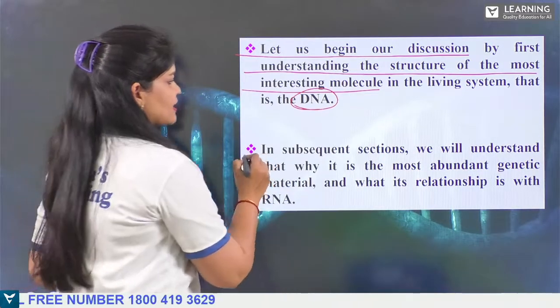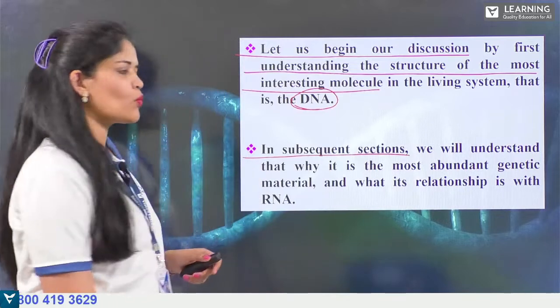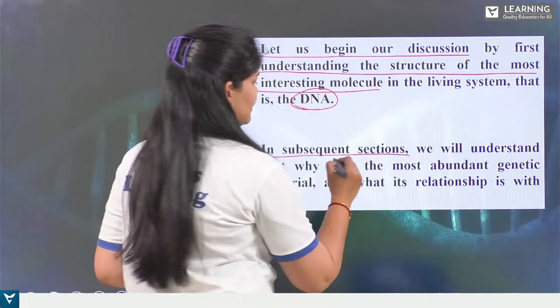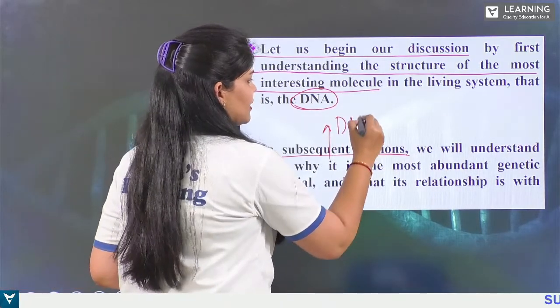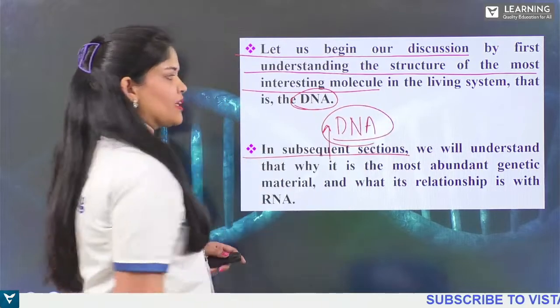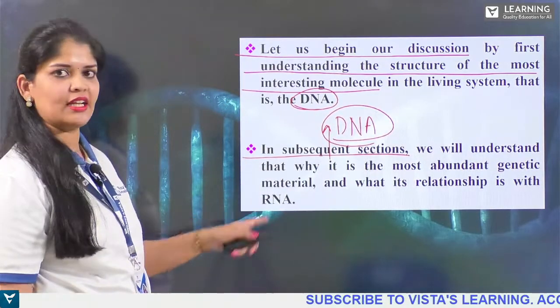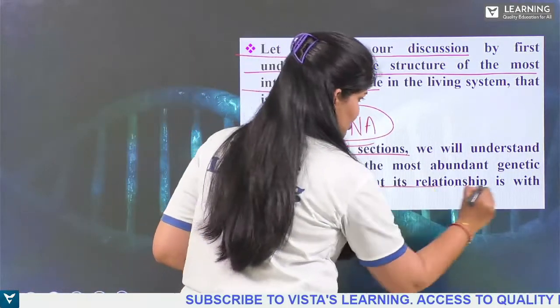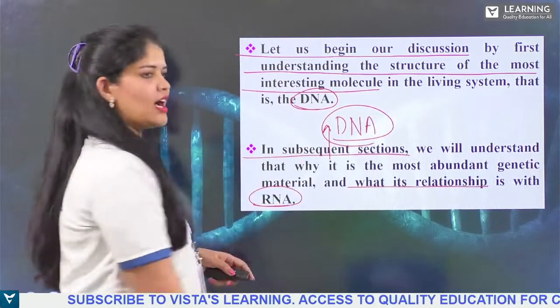So here, in the subsequent section, we will understand why it is the most abundant genetic material, and what its relationship is with RNA.